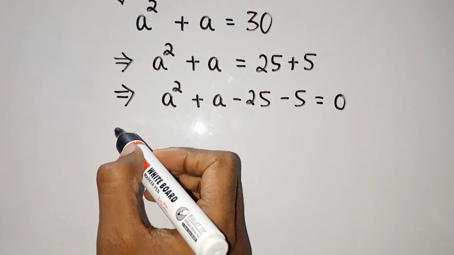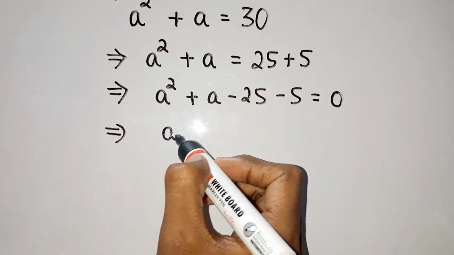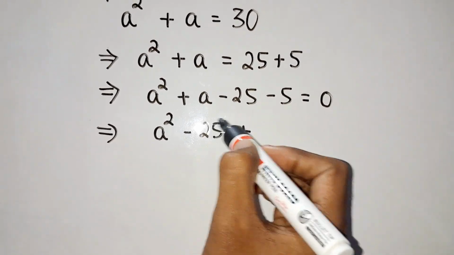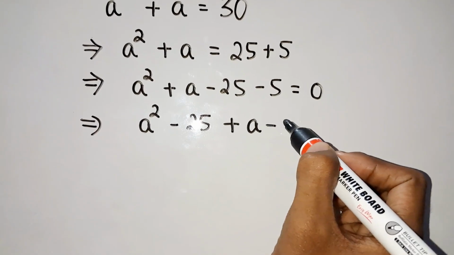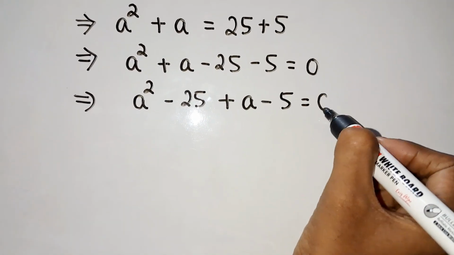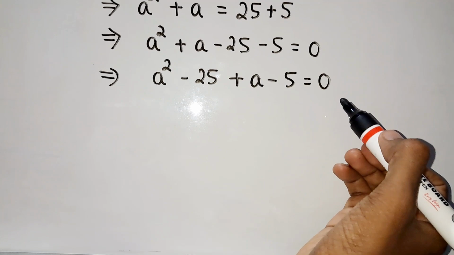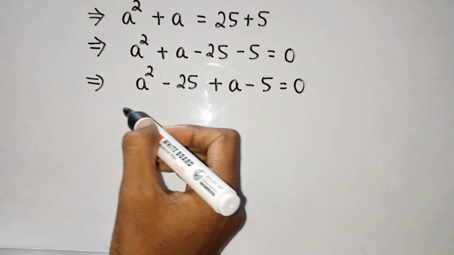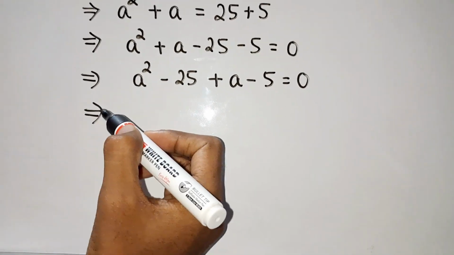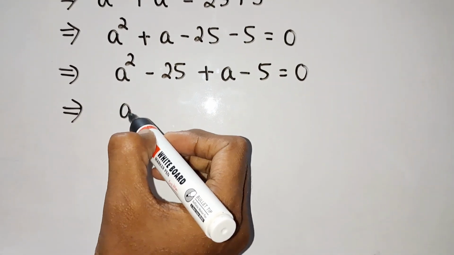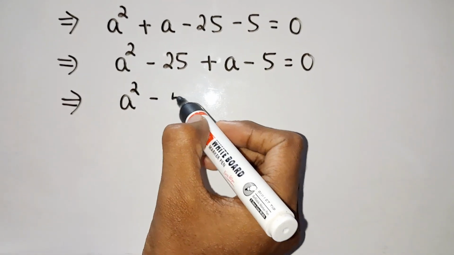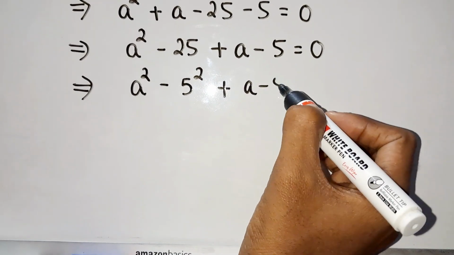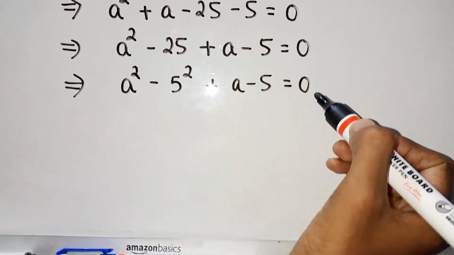That means a square minus 25 plus a minus 5. We can make these pairs. Why? This is because we can use these formulas here and here. Okay, this implies a square minus 5 square plus a minus 5 equals to 0.